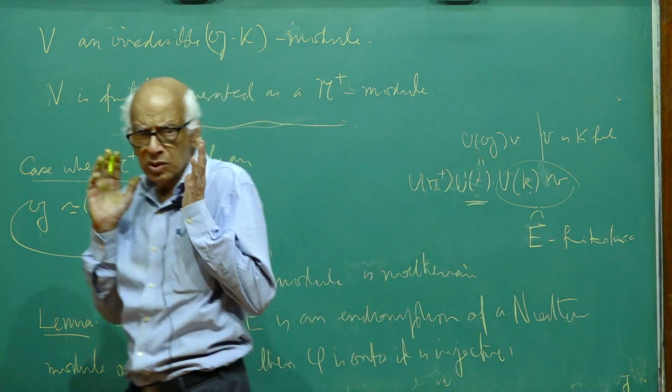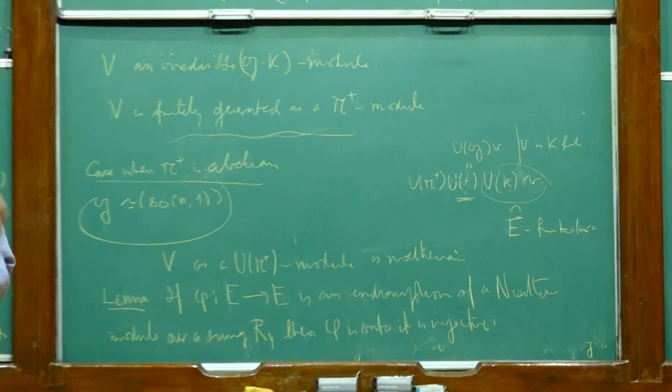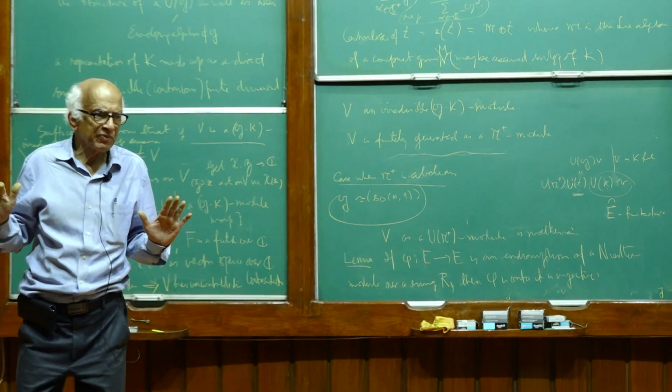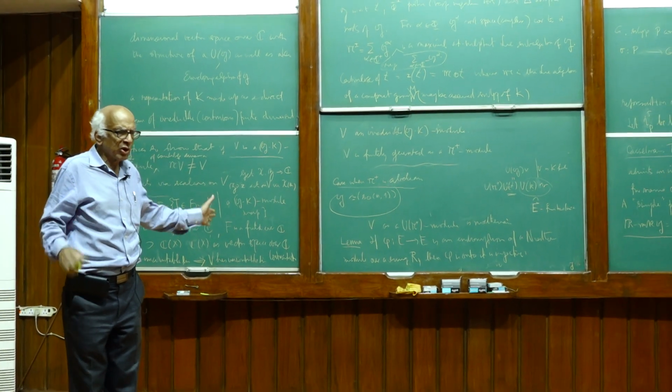Every surjective endomorphism of a Noetherian module is automatically injective. This is an easy lemma to prove.